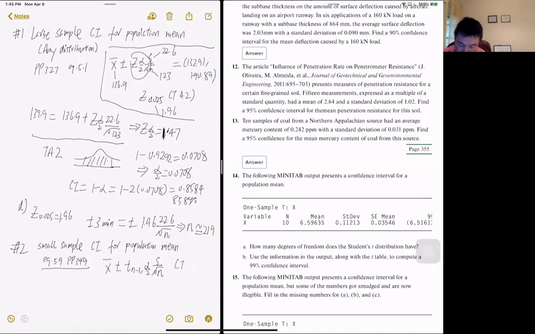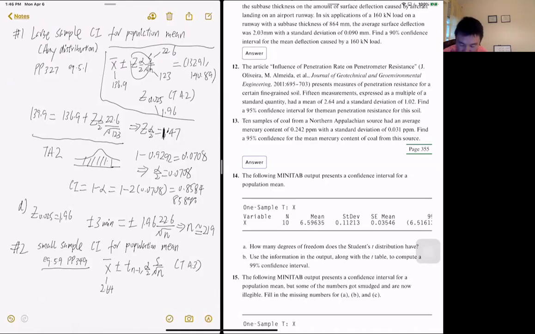Remember, we use table 8.3. The sample mean is 2.64.